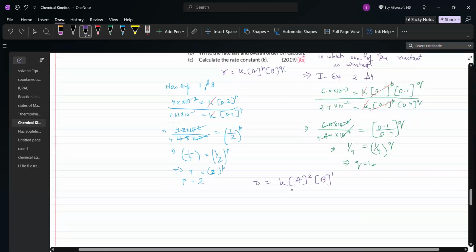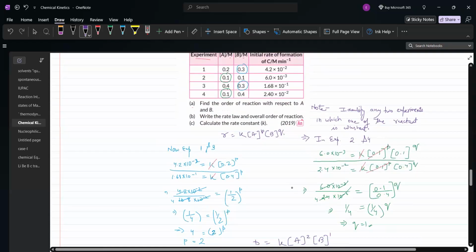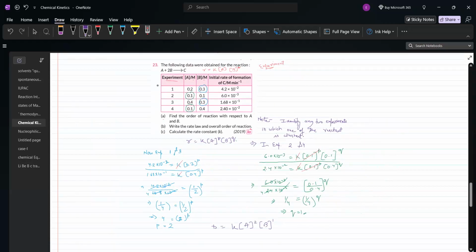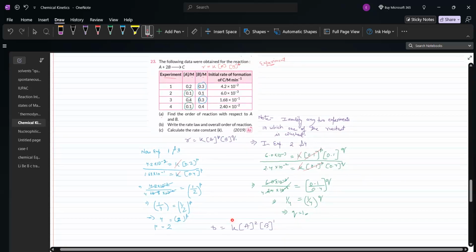Have you understood this? Yes, sir. Can you see the screen? Is it clearer to you? Yes, sir. You can see that A is having the power of 2 and B is having the power of 1.